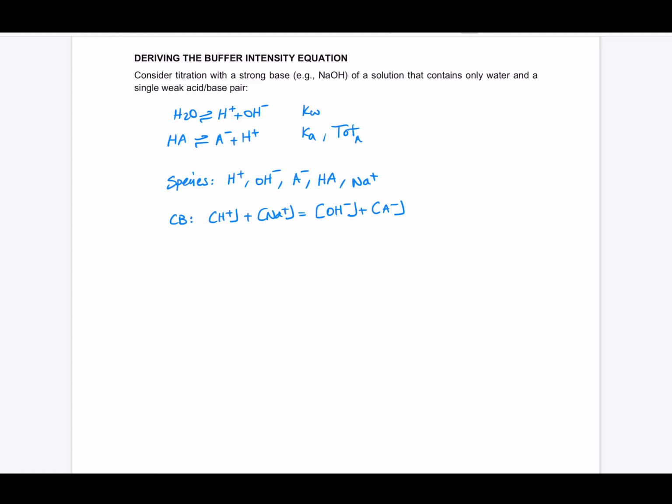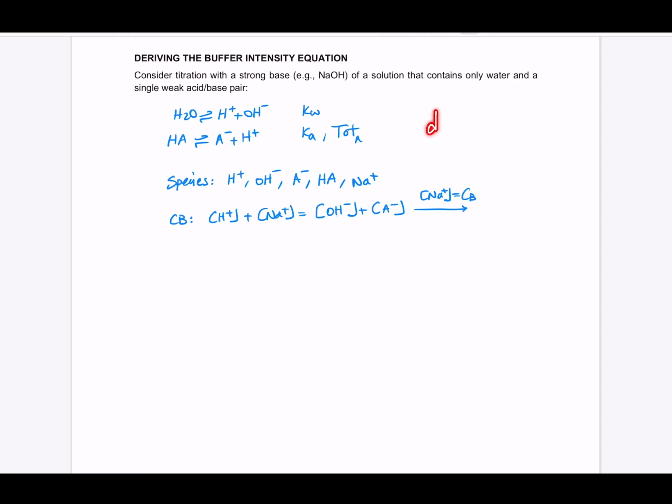How much base we added means it's equal to the concentration of sodium we have. At any point, if you measure the concentration of sodium, it's been added through addition of base, so it would be exactly equal to the base that was added. So the concentration of sodium is equal to CB.